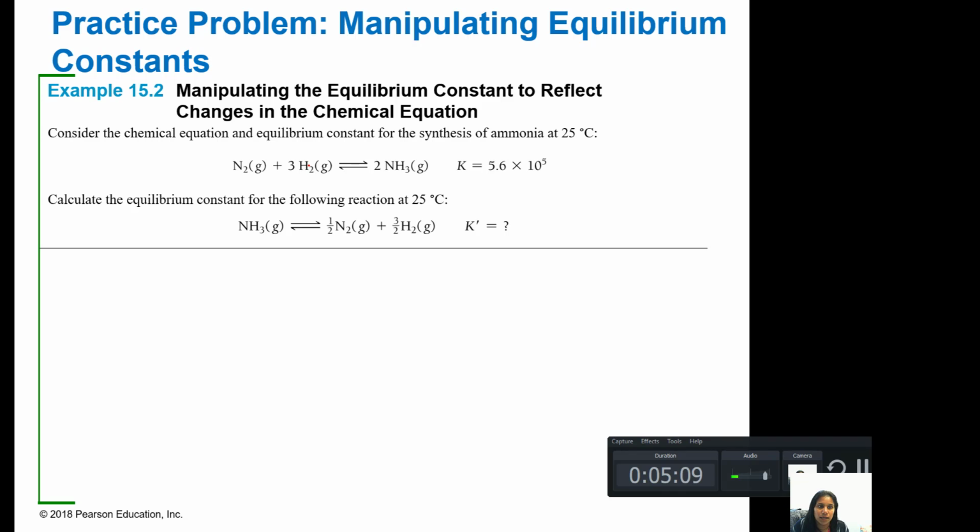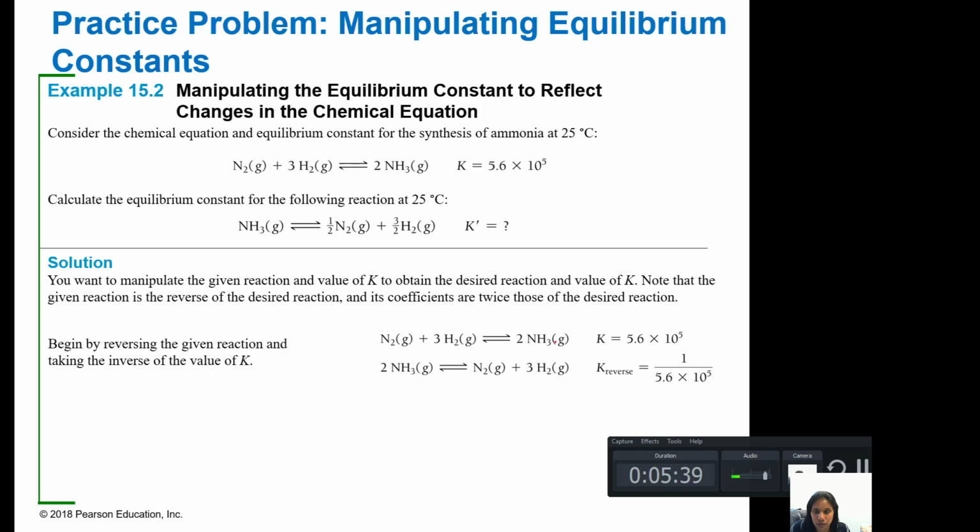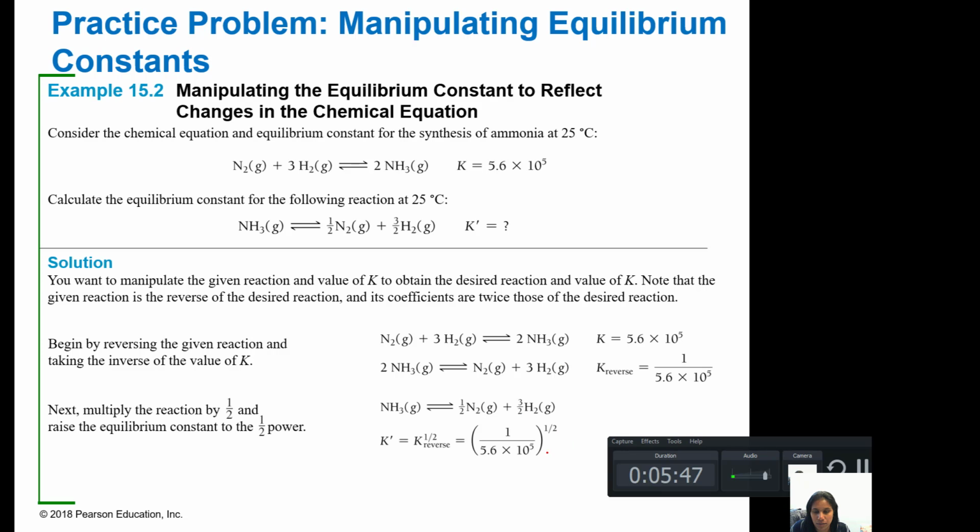If I ask you, consider the chemical equation and equilibrium constant for the synthesis of ammonia, it's given K, but I'm asking for the equilibrium constant for this particular one. It is not just the inverse, right? You have to divide by 2 as well, because this gives you 2 ammonias, but I'm not asking for 2 ammonias, I'm asking for 1. So, 2 NH3, K reverse, by half.